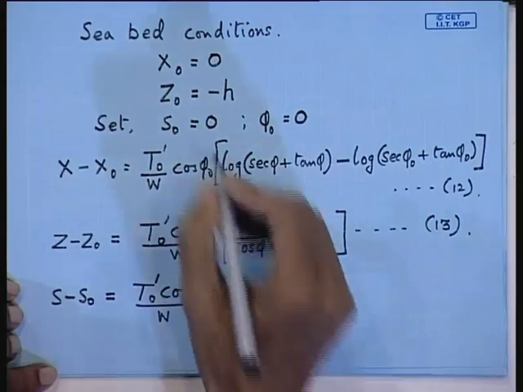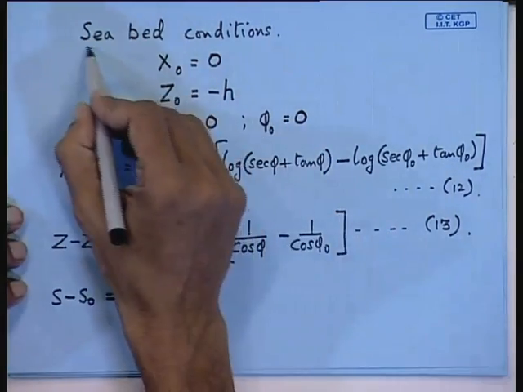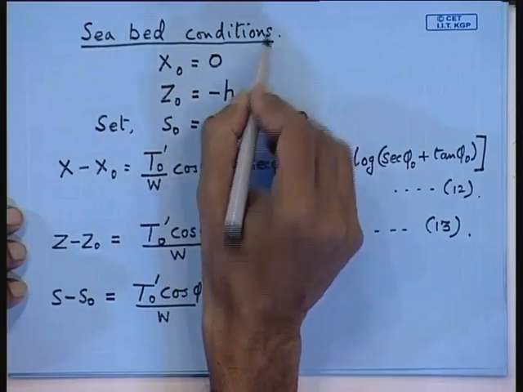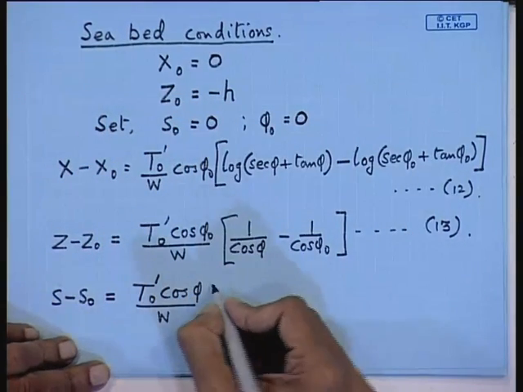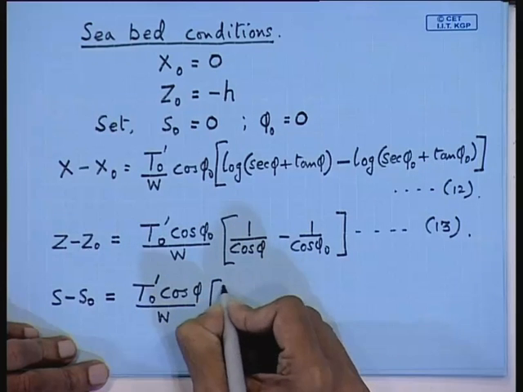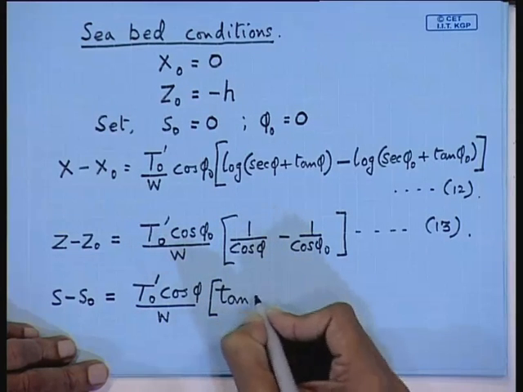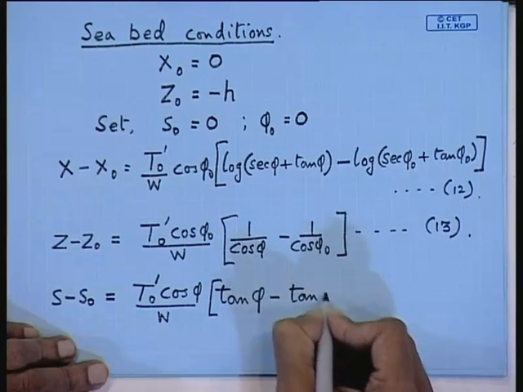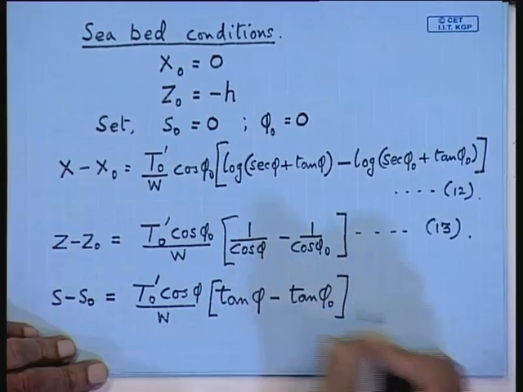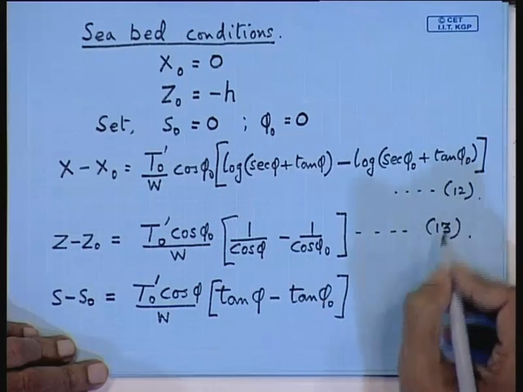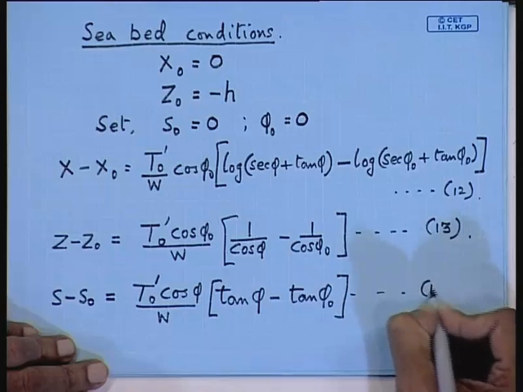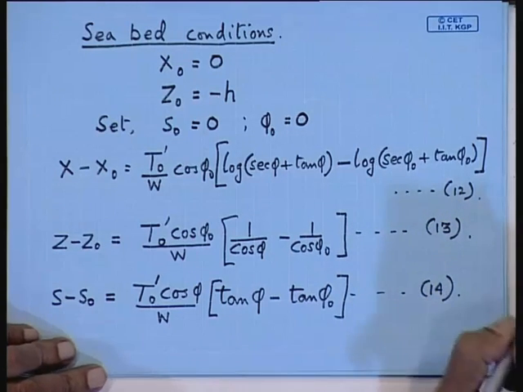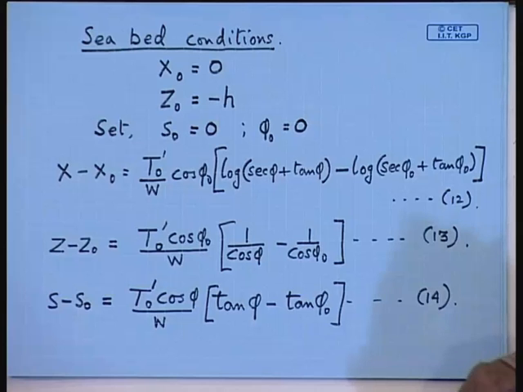Now on all these expressions you substitute these boundary conditions, seabed conditions, and see how much you get. So these are the three important equations, 12, 13 and 14. These three equations give you the parameters of the chain cable, that is the length of the chain cable and its projections on the horizontal and vertical axis.